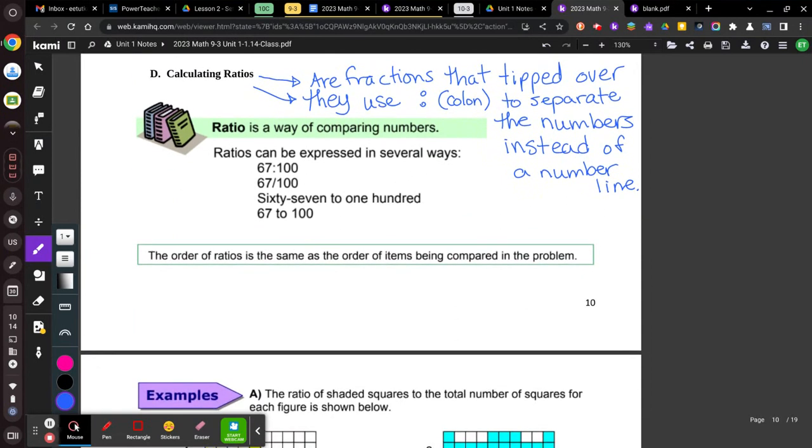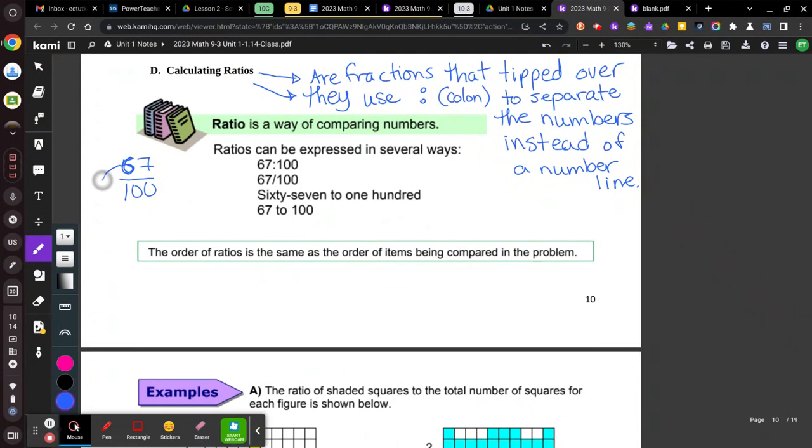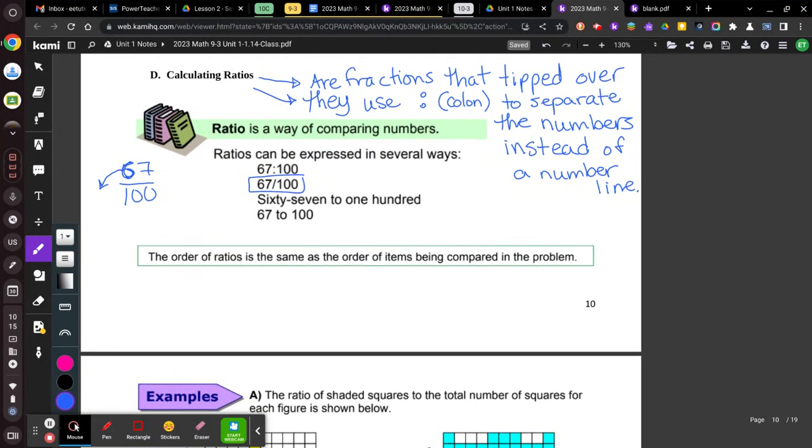All right, so we're going to see a fraction. This fraction, 67 out of 100, how did they tip it over? Well, they tipped the 67 to the left, and that's how they wrote it. Instead of the line, they wrote a colon. What is the word we use to say it?